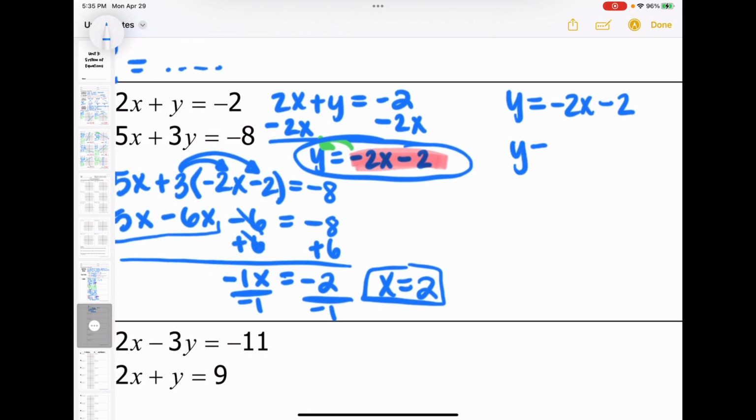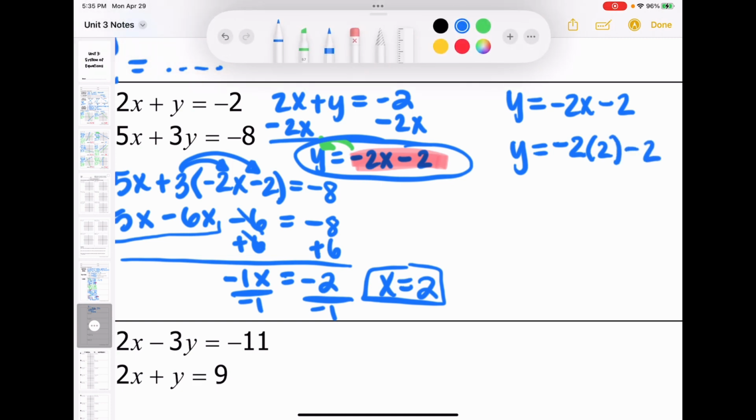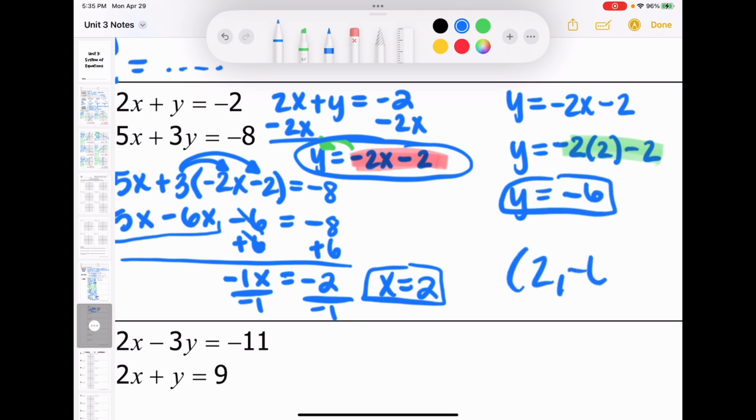I'm replacing x with a 2. This can be typed into your calculator, which would give us -6. So your answer should be 2, -6.